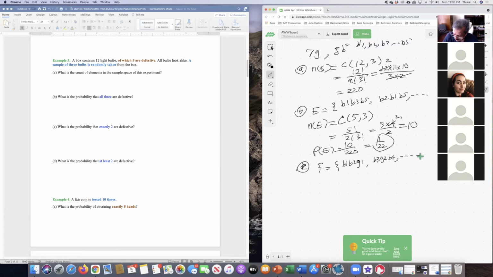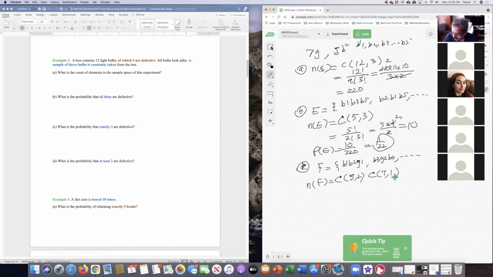So the count of that event is a combination of 2 bad ones coming from the 5 bad ones, so 5 comma 2. And then the number of ways of getting a good one is, anybody? Times combination of 7, 1. 7 comma 1.